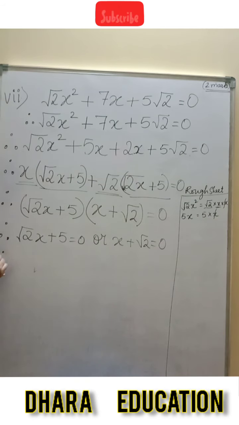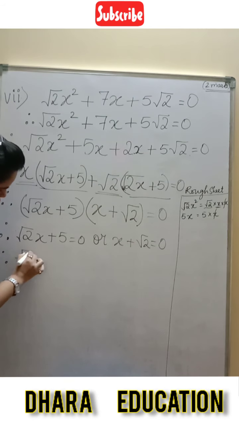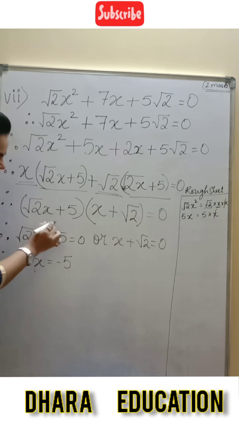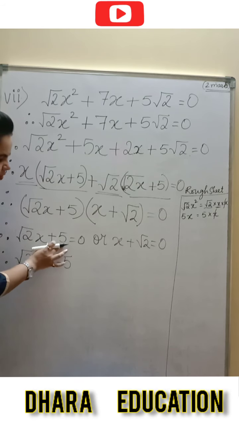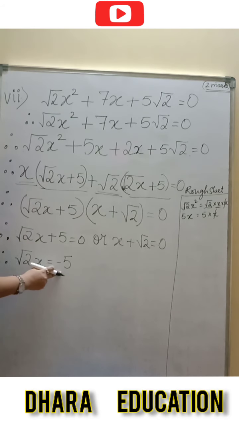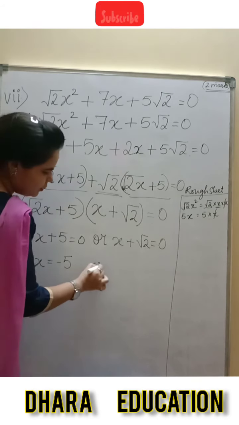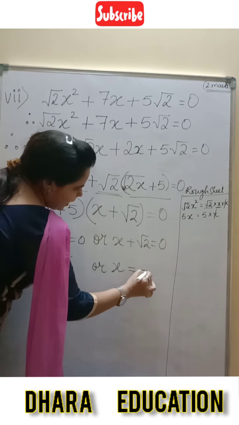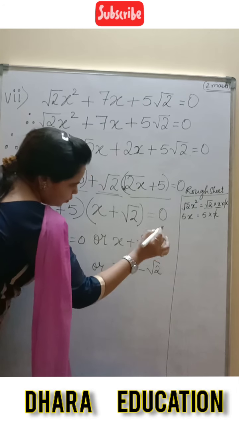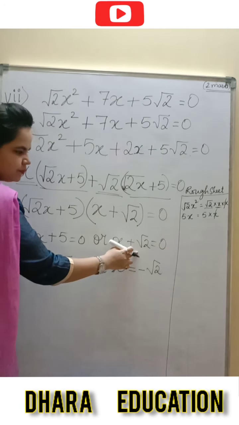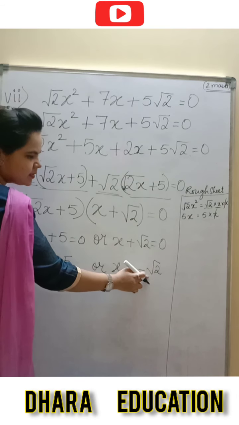Okay. Next step. Root 2x is equals to minus 5. If I shift this positive 5 to the right hand side, definitely minus 5 will come, or x is equals to minus root 2, because it is positive root 2 here. That's why I have written minus root 2.